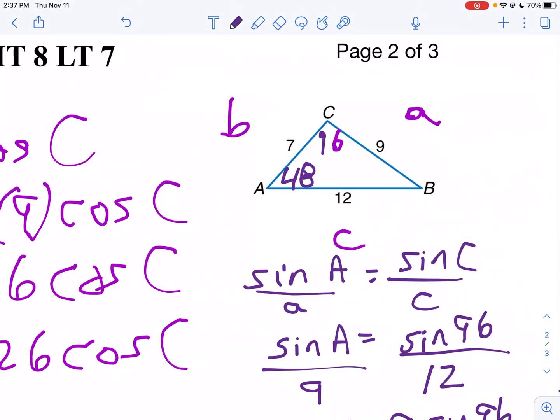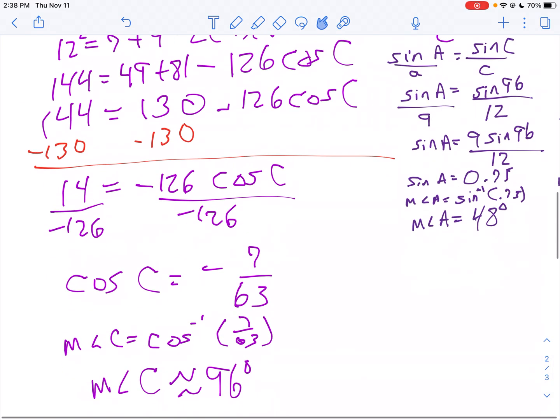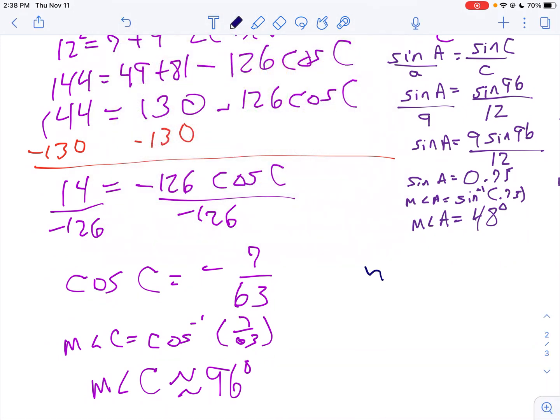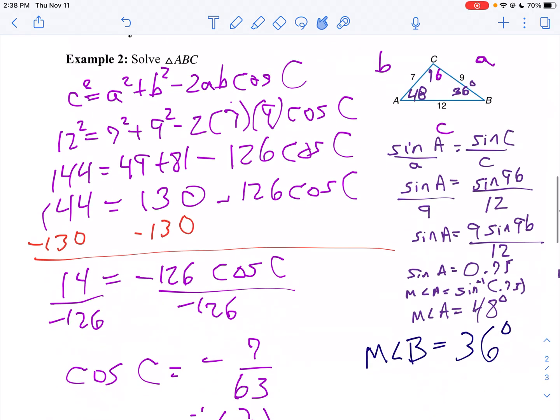So we'll say the measure of angle B is about 36 degrees, and there's your answer. Maybe I should write that down. The measure of angle B is about 36 degrees. Probably should have a wavy equal sign because it's an approximation.